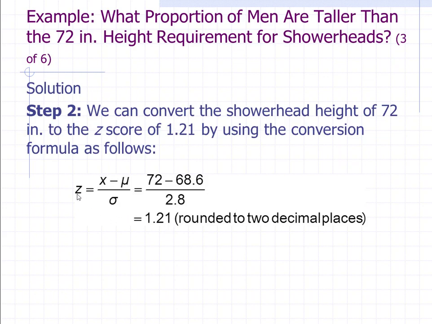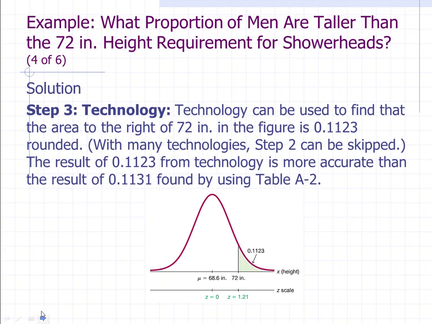So when we talk about z-scores, the z-score is how many standard deviation units, when it's positive, above the mean, or when it's negative, below the mean. Okay, so next we're going to find that area, and they're going to tell us that the answer is 0.1123.